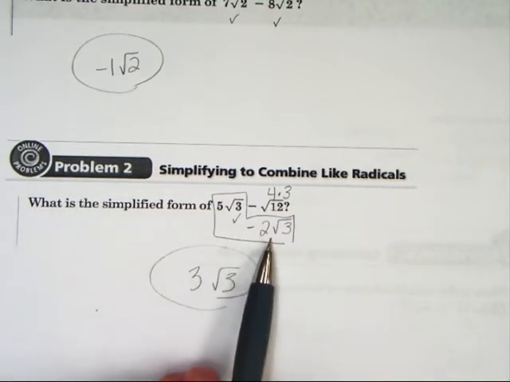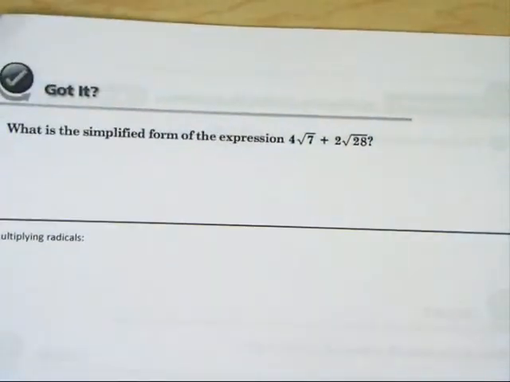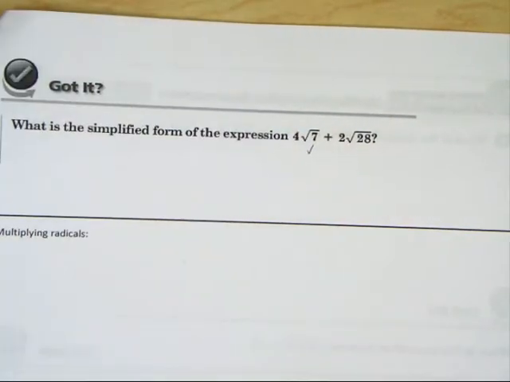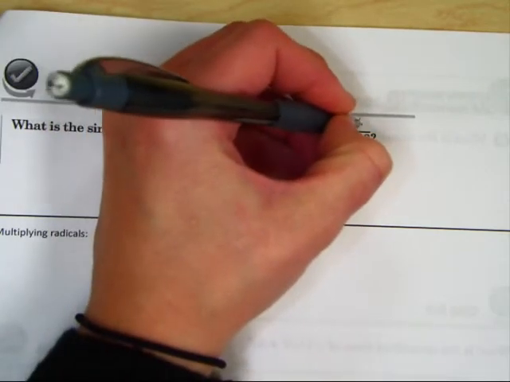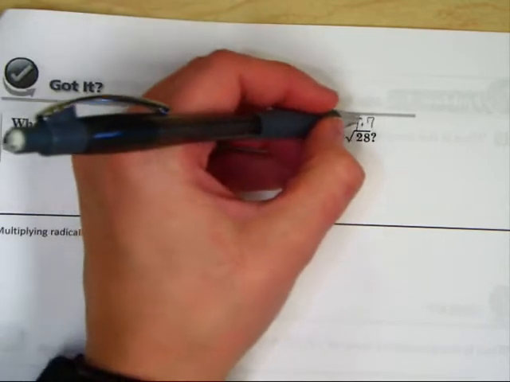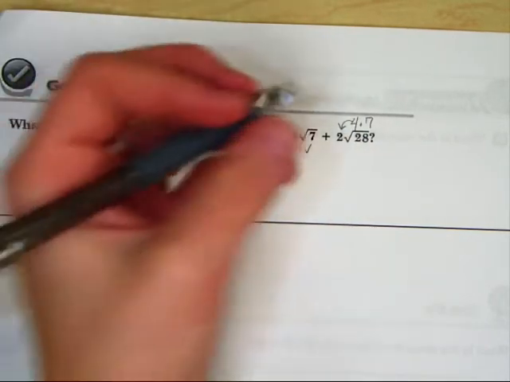And you can see how our skills from section 2 really help us be able to do section 3. Let's try this again. I'm going to give the 7 a check mark because it is simplified, but 28 is comprised of 4 and 7. Remember when you bring out the 4, it's actually turning into another 2.